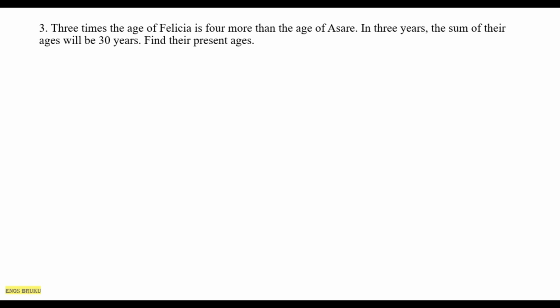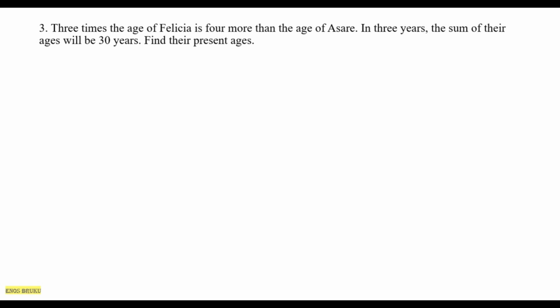The second part is saying in 3 years, the sum of their ages will be 30 years. What does that mean? In 3 years, we know definitely they'll all be 3 years older, right?